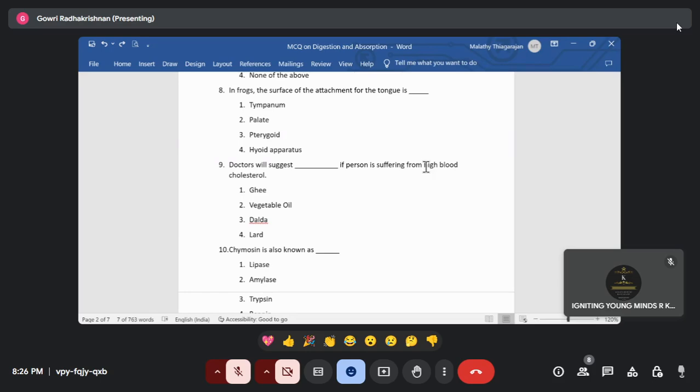Hyoid apparatus. See, actually what happens is, it's like a cartilage.